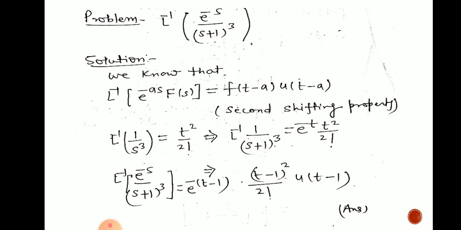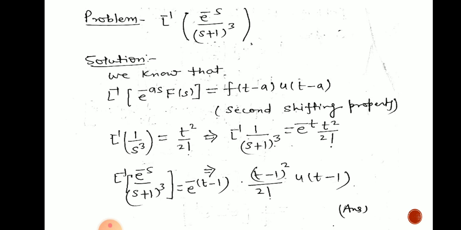What does it mean? We know that there are some properties, the first shifting property and the second shifting property, which are used in the inverse Laplace transform and Laplace transform.